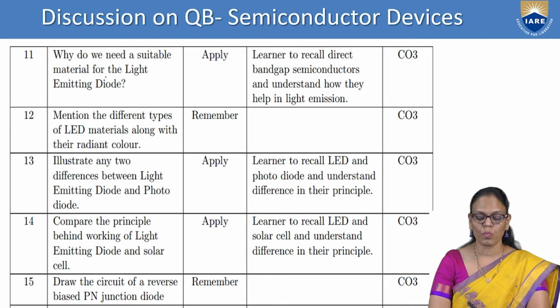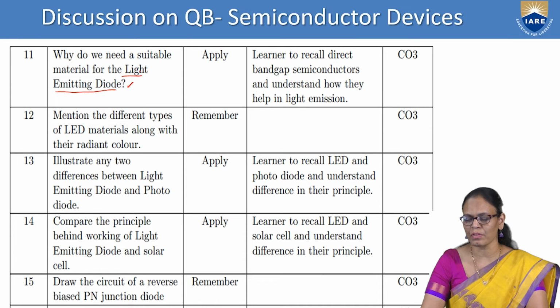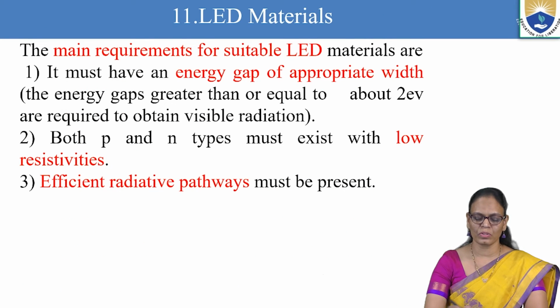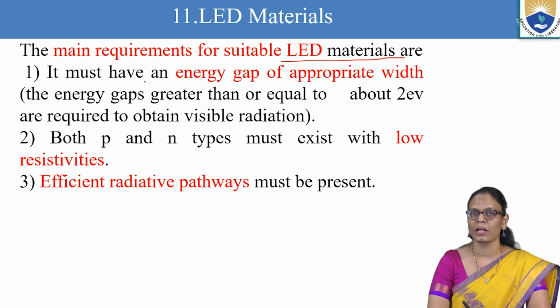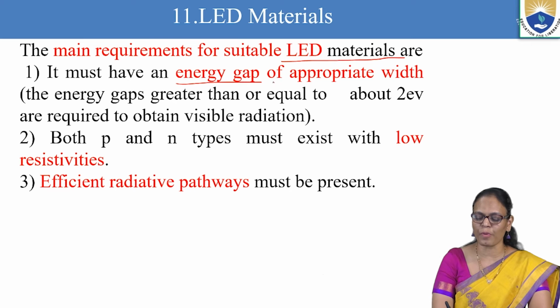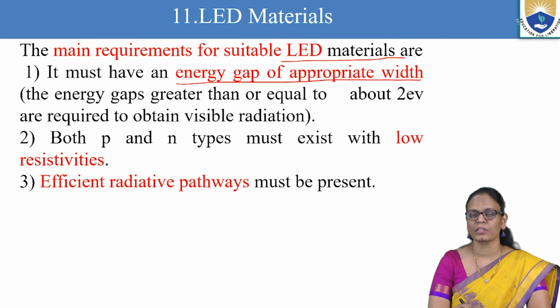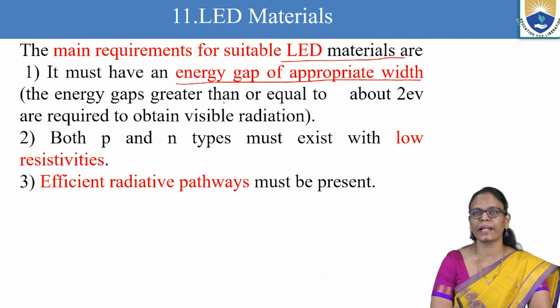Now the next question, why do we need a suitable material for a light emitting diode? Why can't we use any type of material, and why should we use selected materials for making LEDs? That is what we are going to understand. The main requirement for LED materials is that it must have an energy gap of appropriate width, that means an energy gap greater than or equal to 2 electron volt.